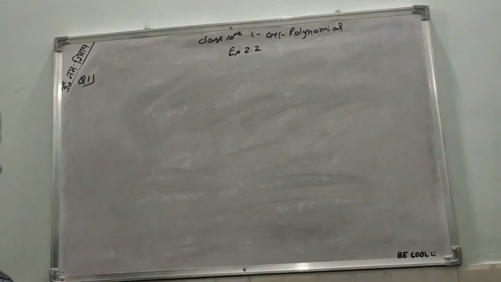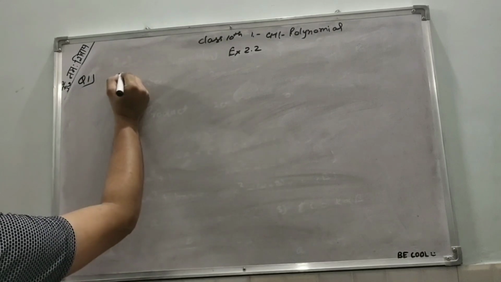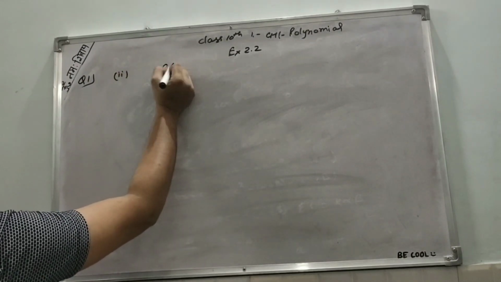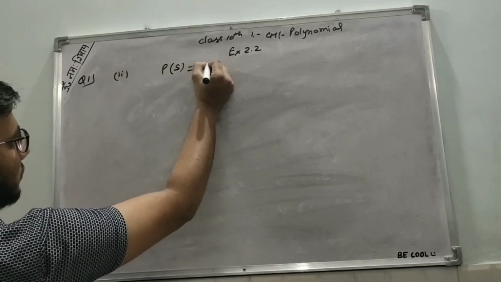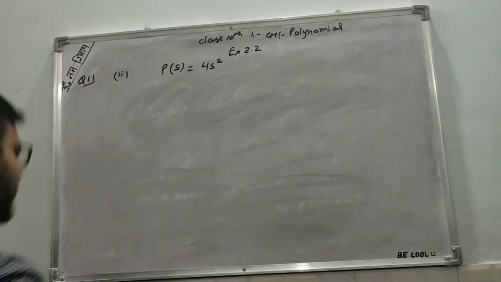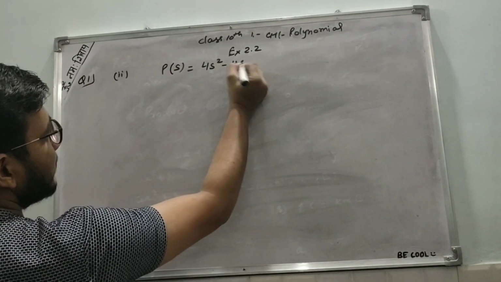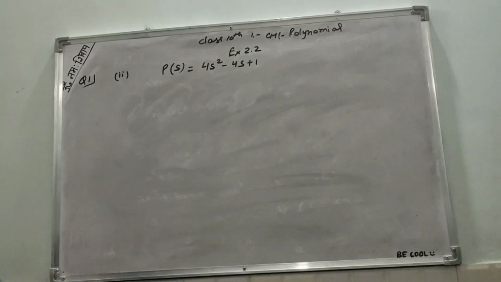Question number 1, second part. We have p(s) is equal to 4s square minus 4s plus 1, and we have to find the zeros and verify the relationship.